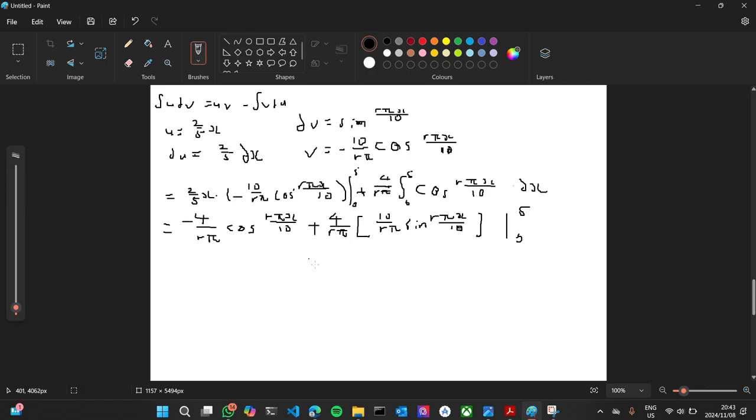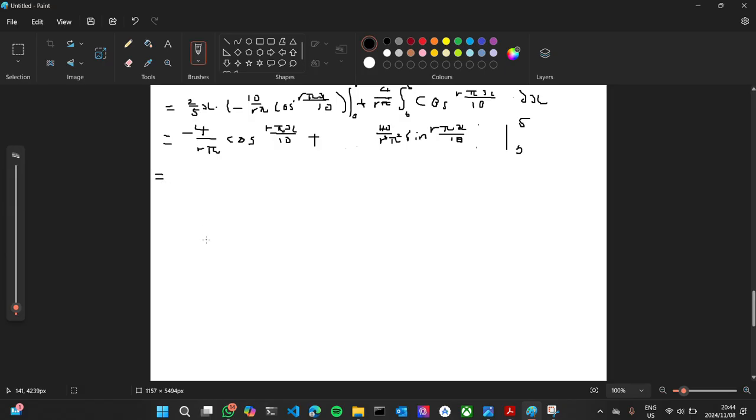So we can just simplify this. It becomes 40 over pi squared. So now we have to evaluate this over those two limits.